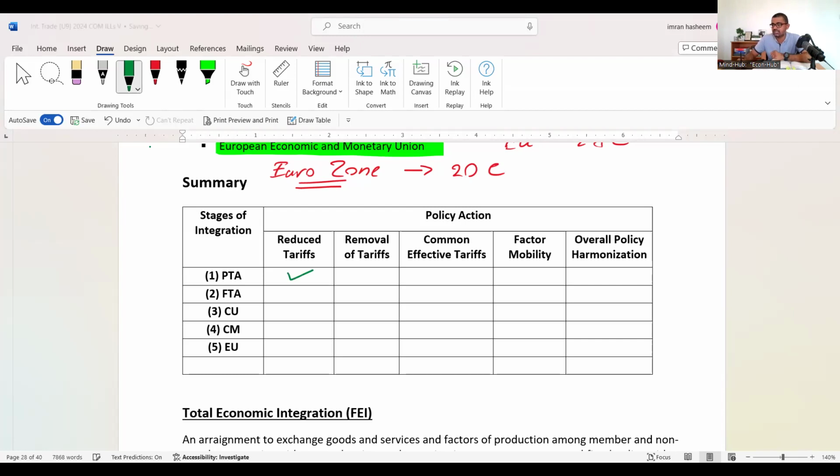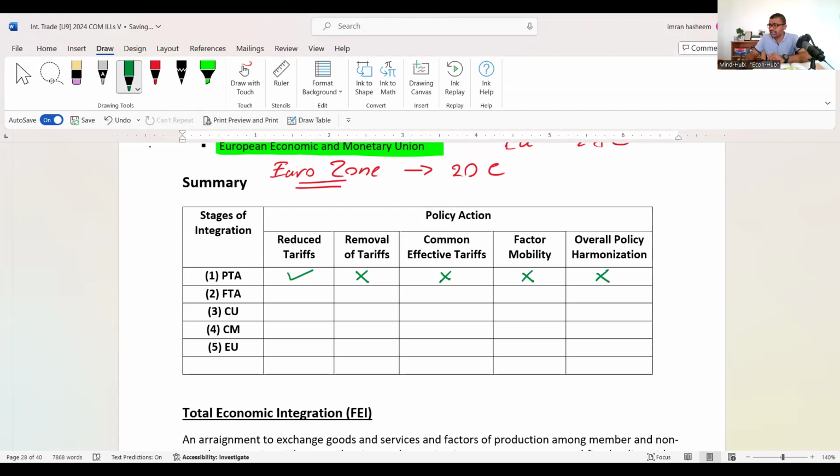Removal of tariff: for some products there can be a removal of tariffs, but the way we look at it is a bit different. The removal of tariff part doesn't happen. There are tariffs, but preferential, lesser among the member countries than for non-member countries. Then common effective tariff, no, that is the customs union. Factor mobility, common market, no. Overall policy harmonization, that is monetary and fiscal policies being the same, that is economic union, no.